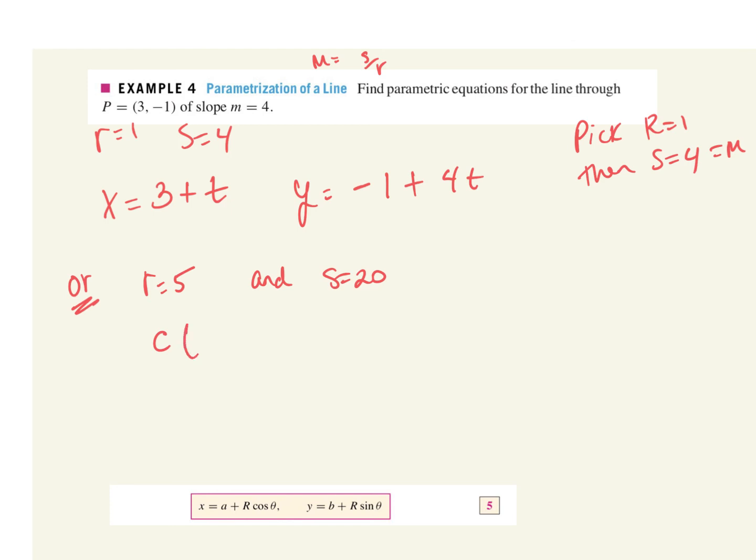Here I could write it as C of t if I did the other format. My x would then be 3 plus 5t, and my y would be negative 1 plus 20t.